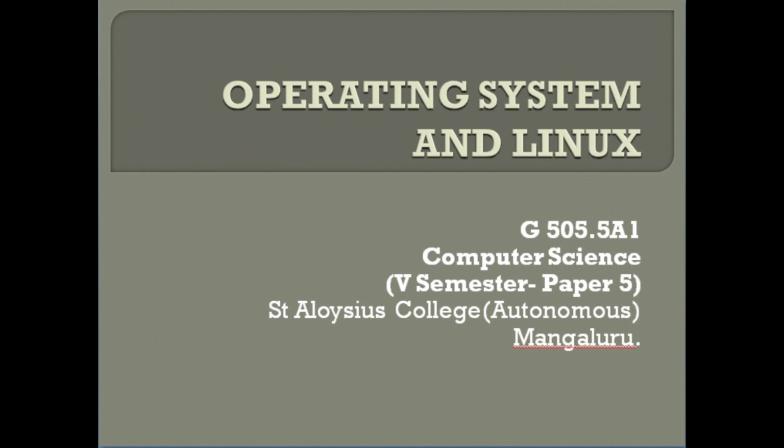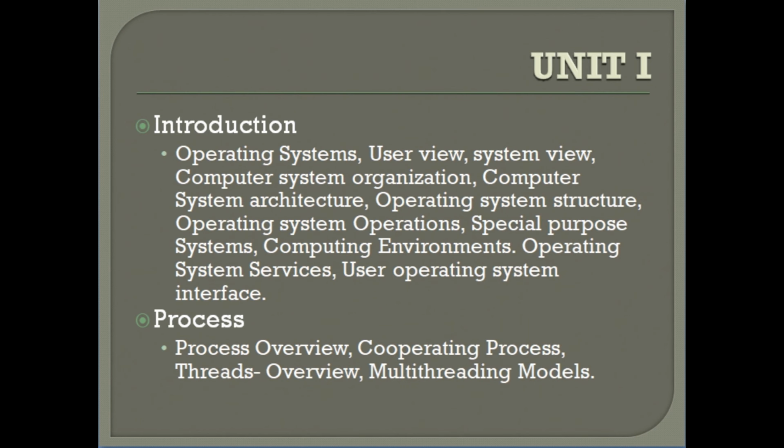In the first unit we will take the introduction of operating system. Here we will study the definition of operating system and various views of the operating system. Operating systems are used from a user's perspective and a system's perspective.